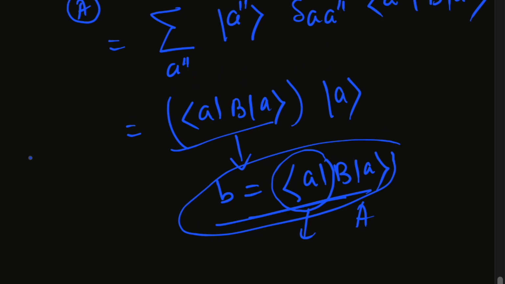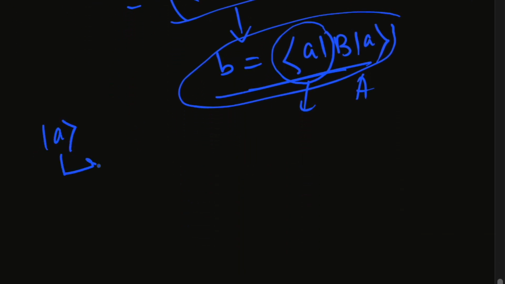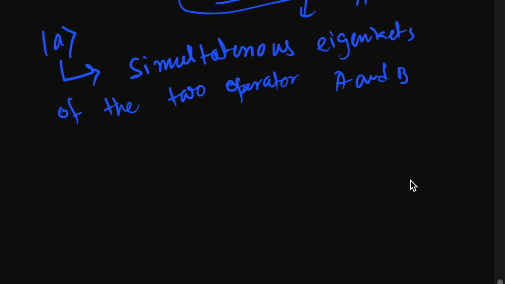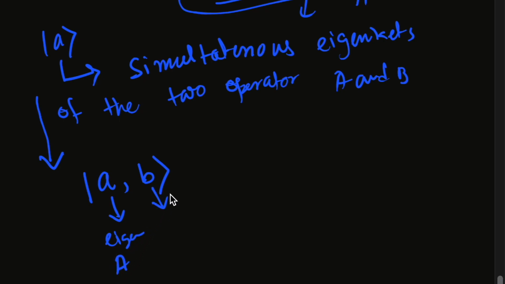That means these A eigenstates are the simultaneous eigenstates of the two operators A and B. Then we can represent any state in terms of |A, B>, where A is the eigenvalue corresponding to operator A and B is the eigenvalue corresponding to operator B, and this is the state of the system.